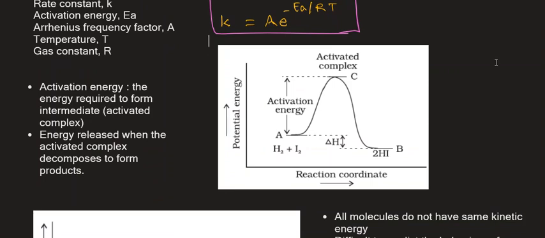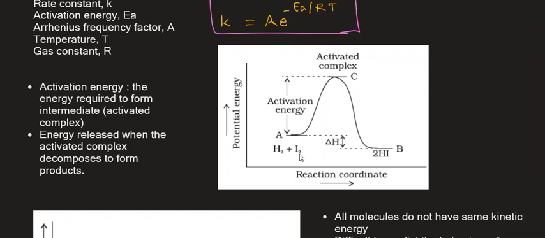Just look at this graph, where the reaction coordinate is on the x-axis and potential energy is on the y-axis. Let us consider hydrogen and iodine. These two gaseous molecules react together to form 2 moles of hydrogen iodide.